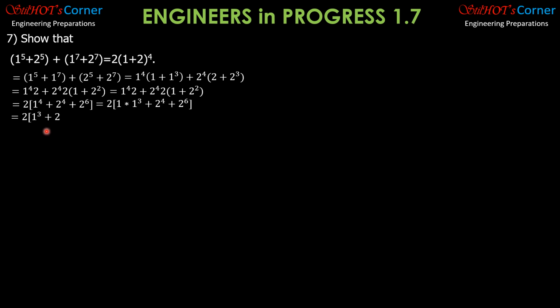So 2 times 1 cubed, because 1 times 1 cubed is still 1 cubed. Then the second one is 2 times 2 cubed, which is the product of 1 cubed and 2 cubed, that's the same. Then 2 to the 6th is imagined as 2 cubed squared. So this is a perfect square trinomial if the first term is x cubed, the second term is 2 cubed, which is y squared.